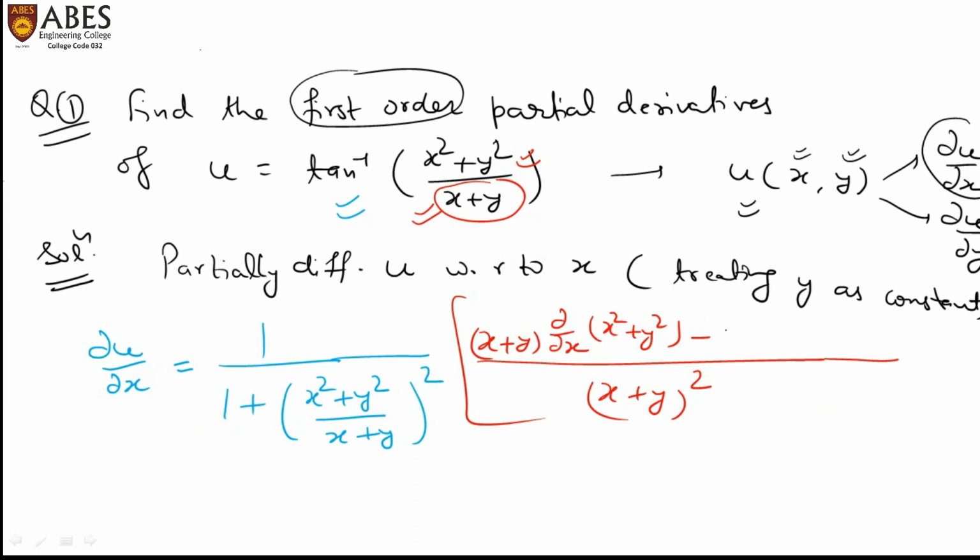So now the numerator same, and the partial derivative of the denominator is del upon del x of (x plus y), obviously with respect to x, correct? So this is the first order partial derivative of u with respect to x, and now we have to just solve this.